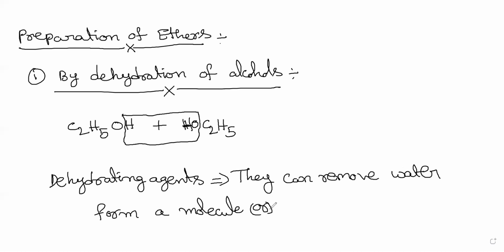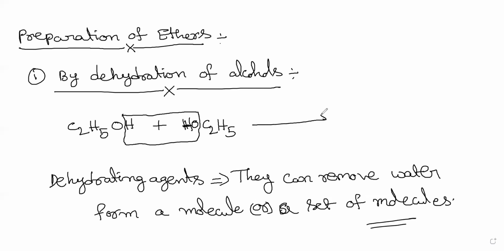So they will remove water from two alcohols to give an ether. So it is C2H5 O C2H5. This is how you get it.